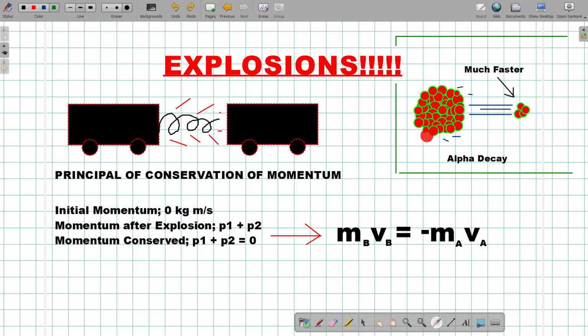And here's a nice example. So you have a big atom here undergoing alpha decay. It's got, I can't remember, 82 protons in this atom.